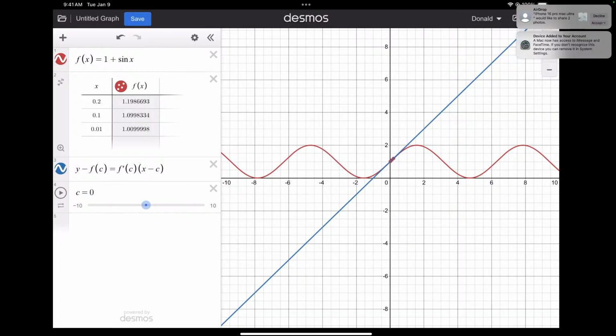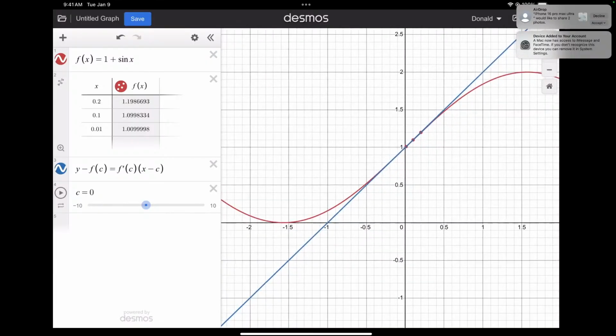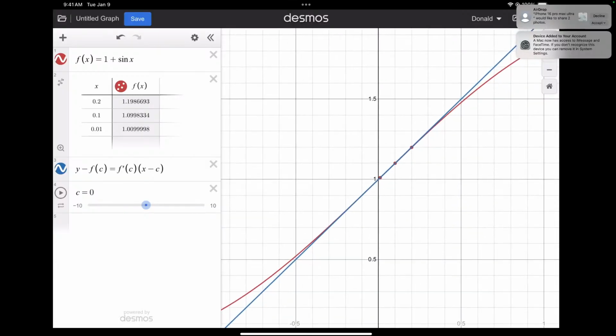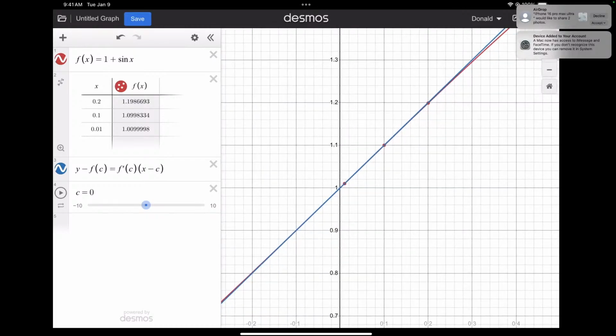At a closer value, it's going to be pretty accurate. If you look at this, the blue line is basically on top of the red line. If I zoom in more, I'm still seeing the exact same thing. It's pretty accurate even until this point.